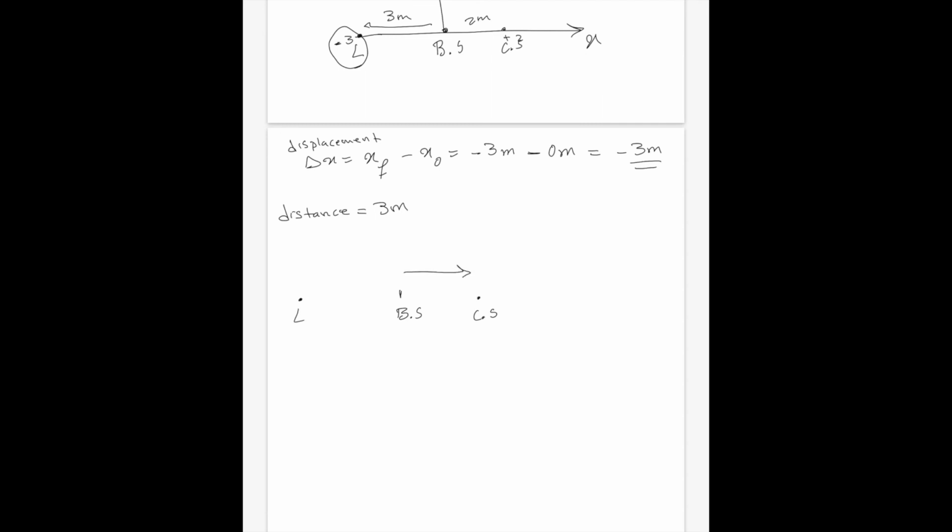You went to the coffee shop, you came back to the bus stop, and then you walked to the library. So the total distance traveled is 2 plus 2 plus 3. So this is the distance traveled.